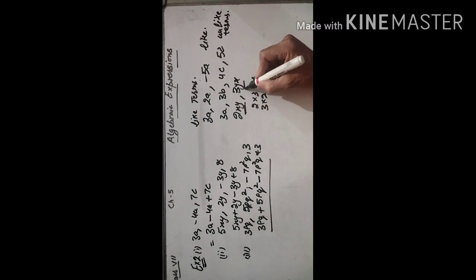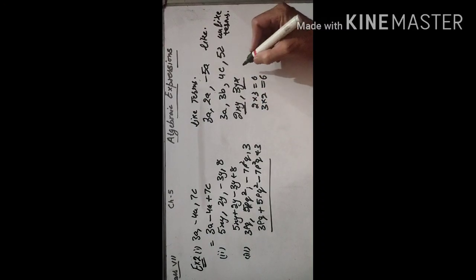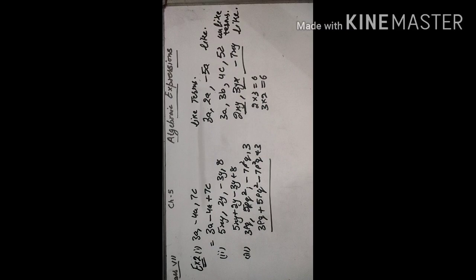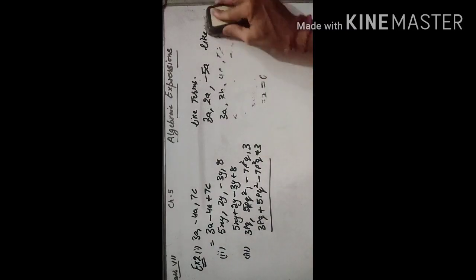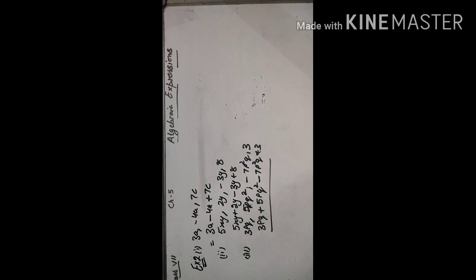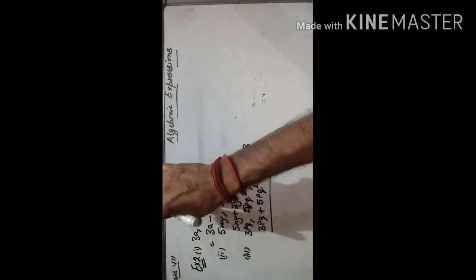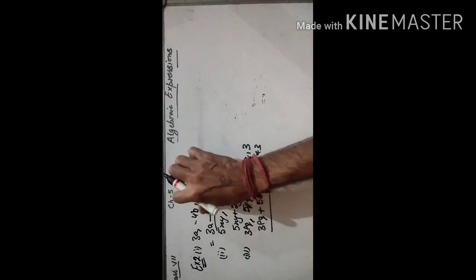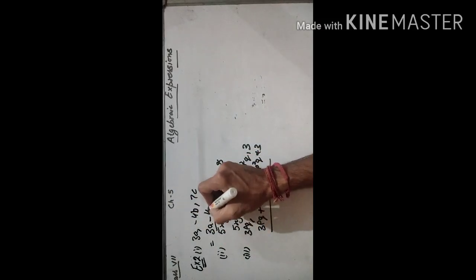So xy and yx are one and the same thing. And minus 7xy, these are all like terms. So these all are unlike terms, that's why this is minus 4b. Otherwise it would be added and become minus a. This is 4b.